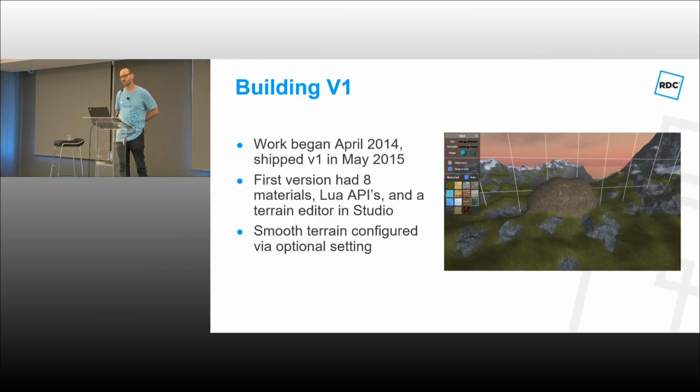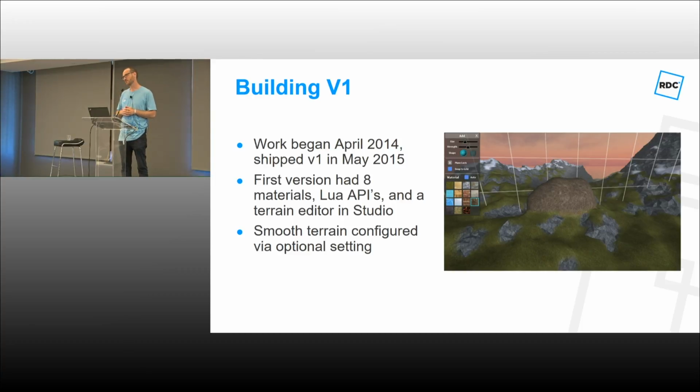The first version is what we called an MVP, a minimum viable product. It had 8 materials, had the basic Lua APIs, and we provided a terrain editor in Studio, so a great interface for manipulating and creating terrain.